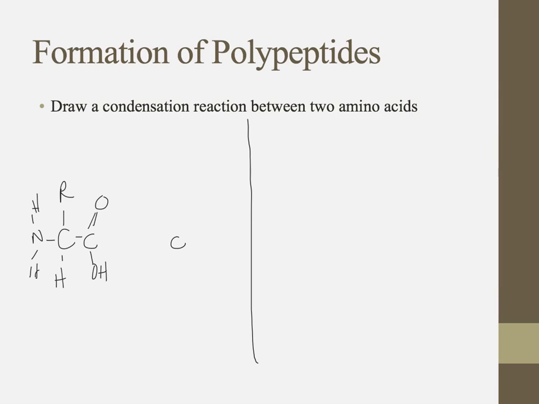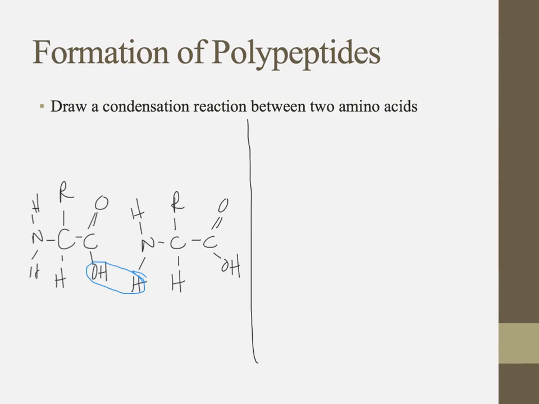Same thing over here. Central carbon atom, carboxyl group, amine group, R group, and hydrogen atom. All right. Now, here's what we're going to do. We're going to combine this hydrogen atom with this hydroxyl group, okay?